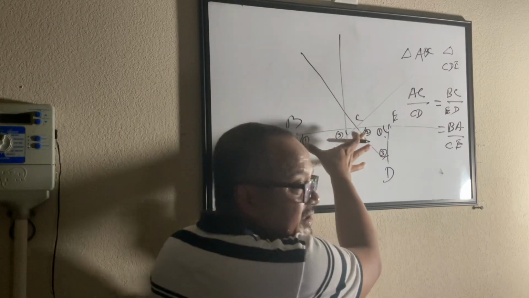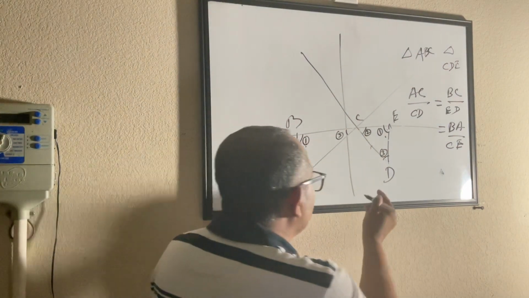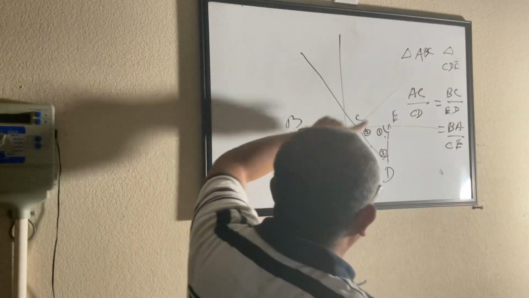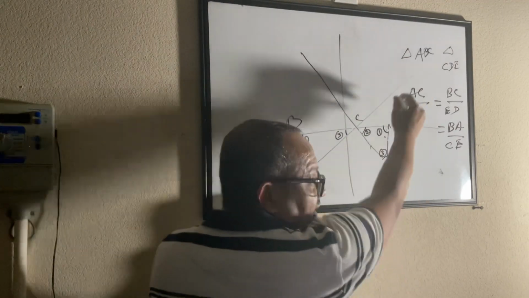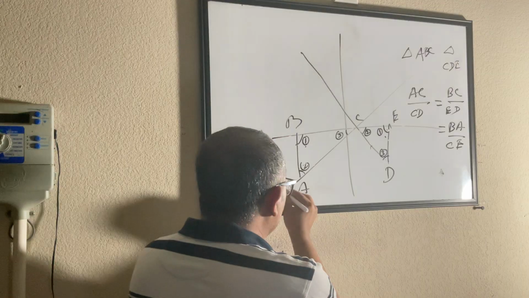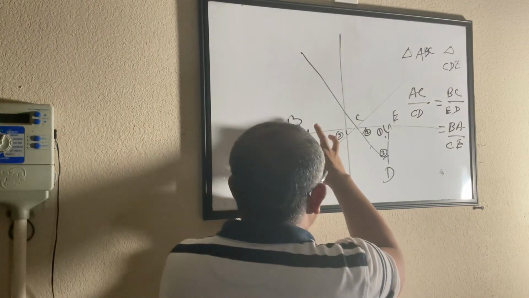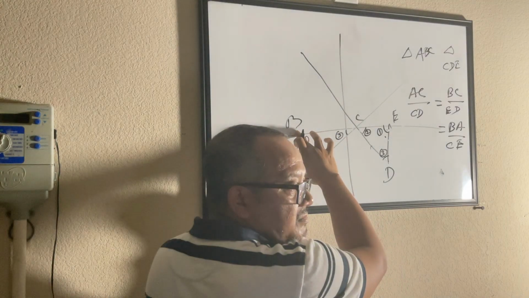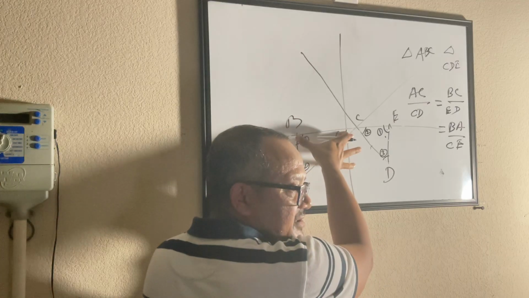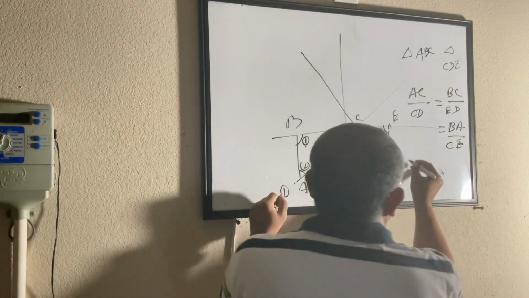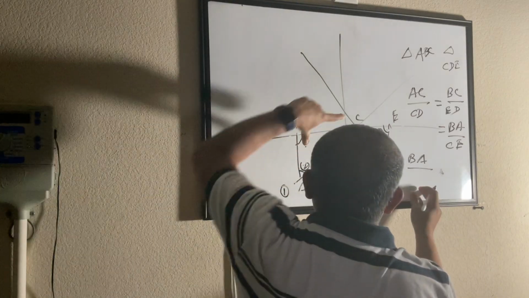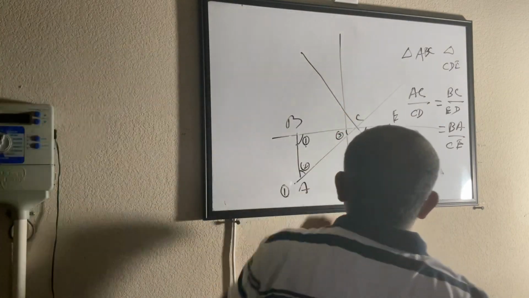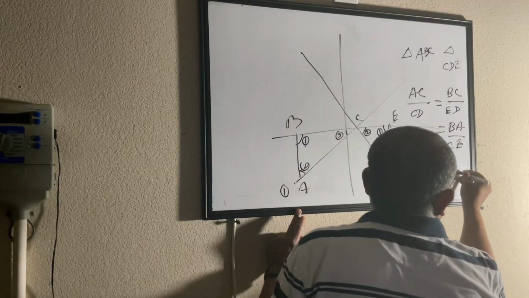Now, knowing this is the coordinate plane, let's first look at the slope of this line, the slope of line 1. What will that be? Y over x. So it will be BA over x, that is BC. This is slope 1.